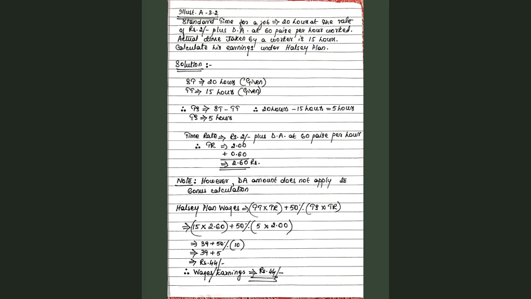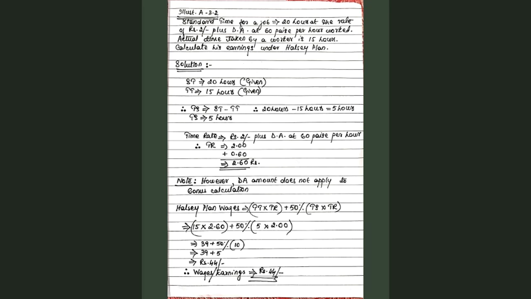If you have gone through the previous videos and worked out the previous problems, you would know by now that time saved we get by using the formula standard time minus time taken. Therefore, 20 hours minus 15 hours is 5 hours. That is the time saved. So you have to remember the formula for getting time saved. It is standard time minus time taken.